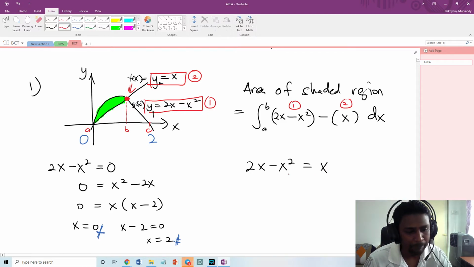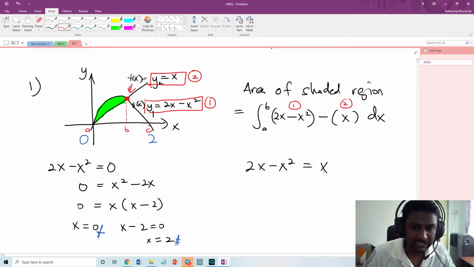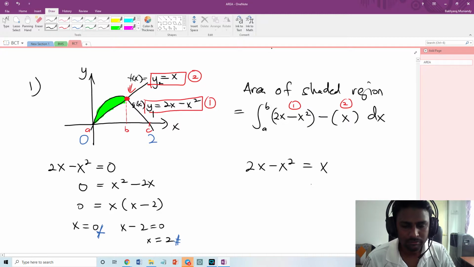Betul, dia bersilang. Bersilang maksudnya consider they are equal. So that's why 2x minus x square I put equal to x. Sebab dia kena sama. Point tu dia kena sama. So I put equal. Now I need to solve this problem also. So what is the answer? What is my answer? So my answer will be 2x minus, okay, better I make it 0 lah.